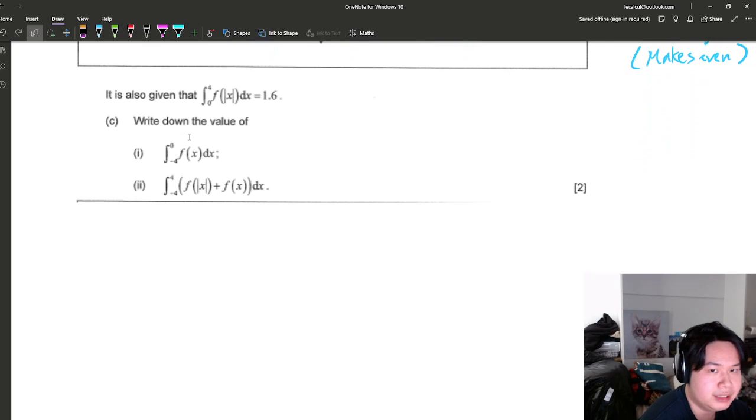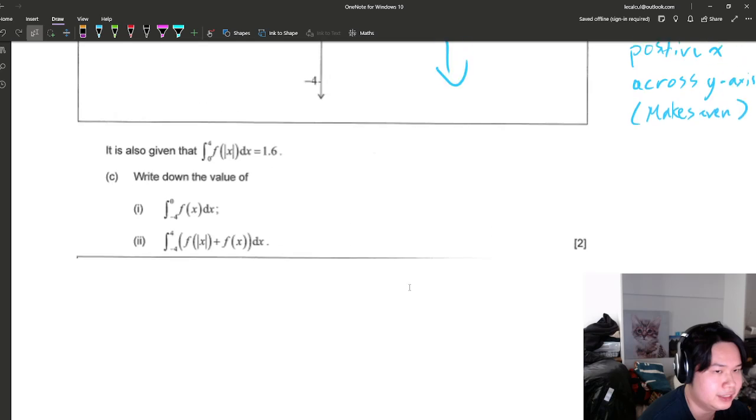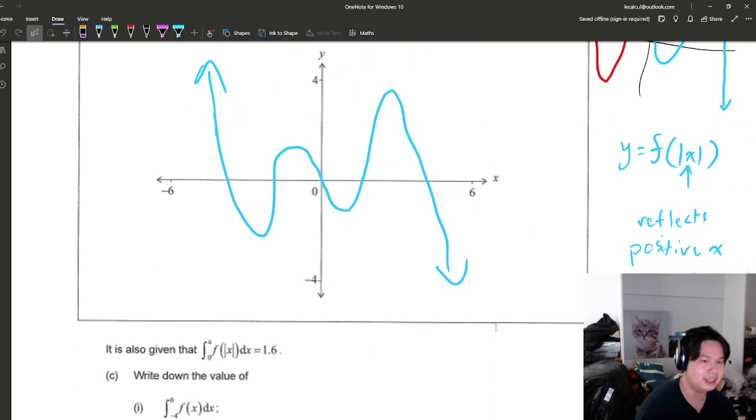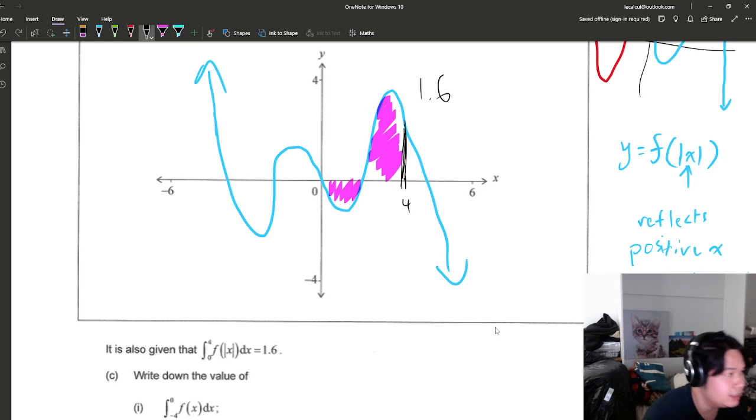Okay, so we need to find the value of 0 to 4 of the original function. Oh, I should have just written it here. So, like I said, right? We know that 0 to 4 is 1.6. And then it's asking, well, what's the area from -4 to 0 of f?